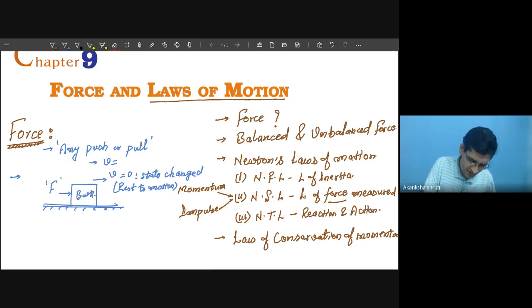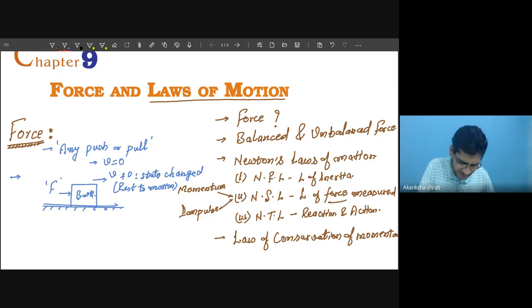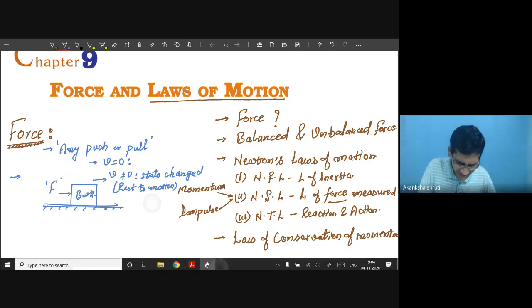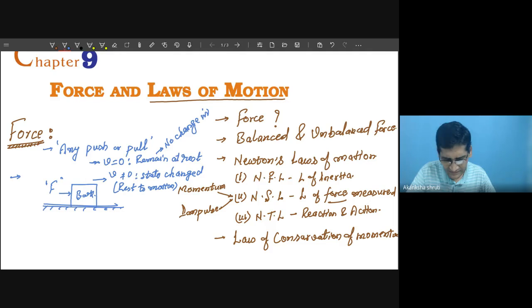When a force F is applied over this body, there are two possibilities. Velocity V is produced in the body, so V is not equal to 0. Or V is equal to 0, meaning the body is still at rest. Remaining at rest means no change in state, but the force is applied.